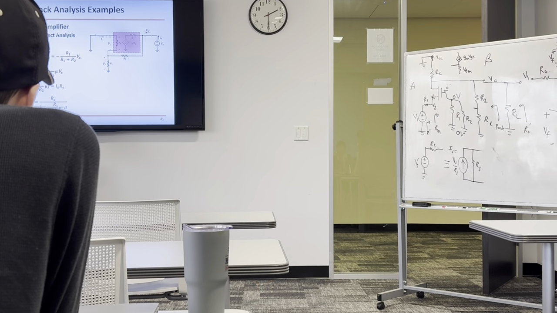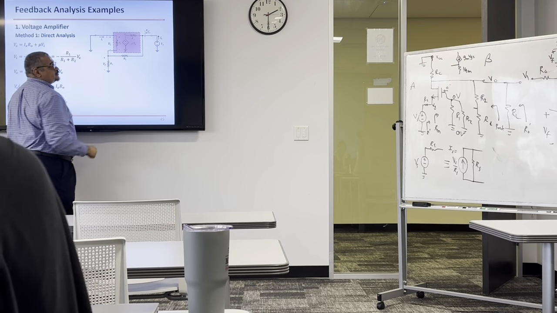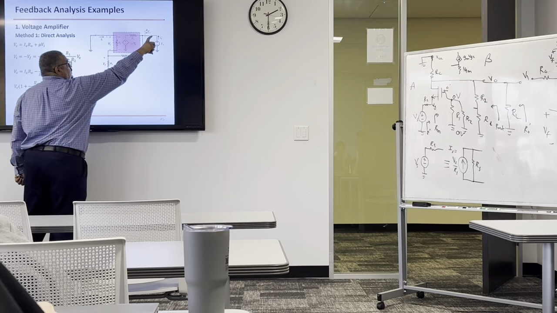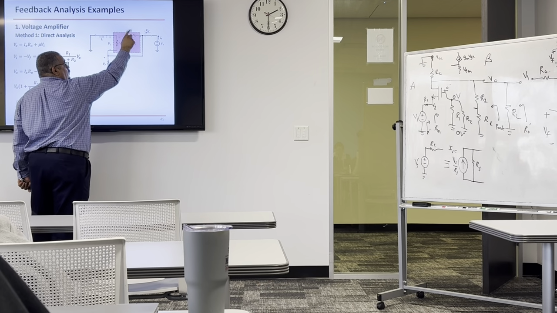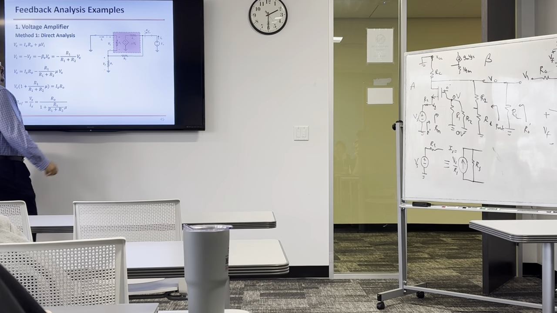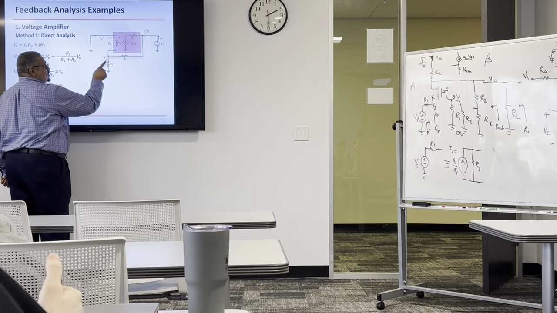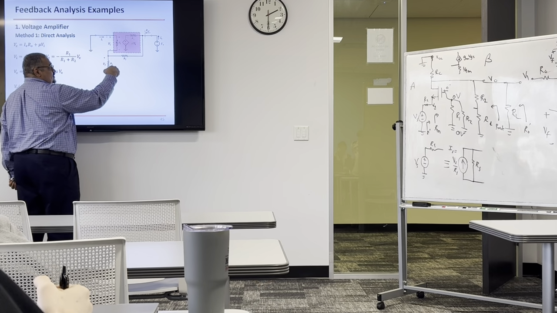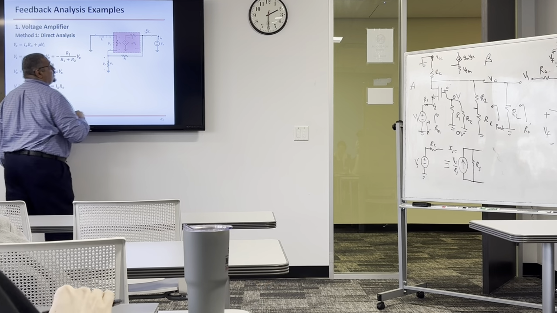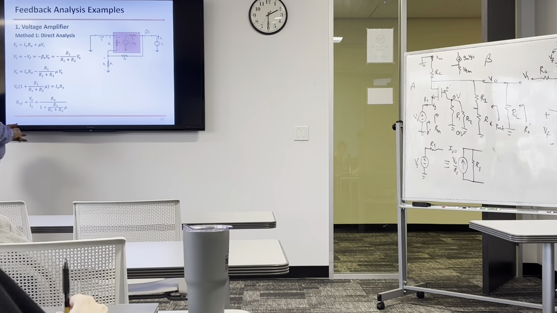Vx is V across RO plus this dependent voltage source. If we assume that this current is not going to go here because this is a large resistance, and all the current is going to go here, then Ix times RO plus this gives Vx. So Vx is Ix times RO plus mu times Vi.